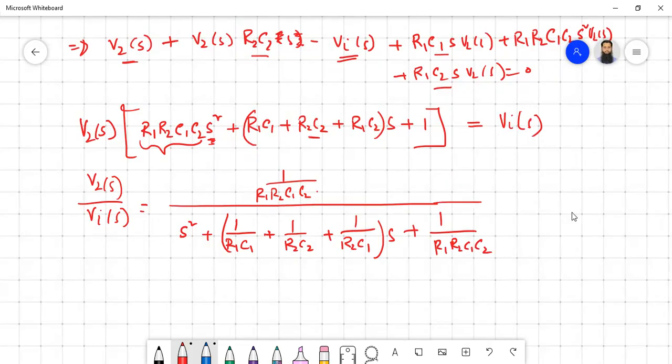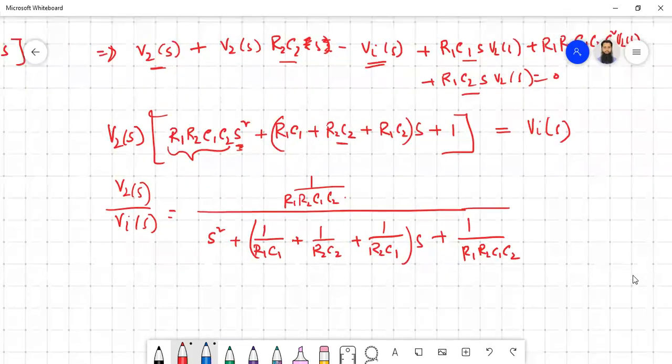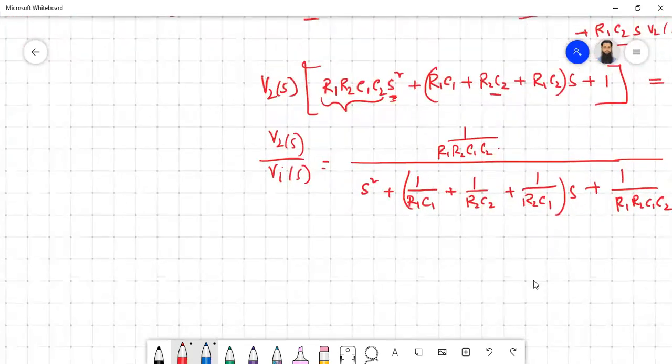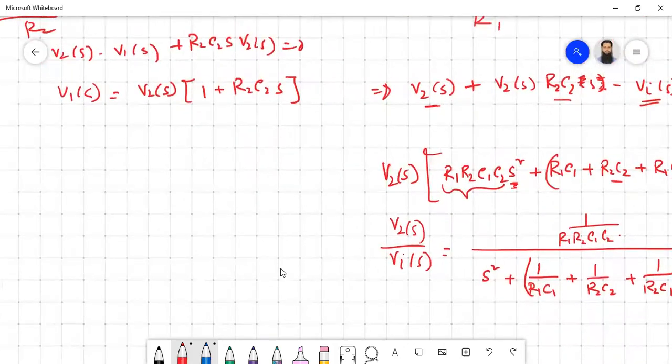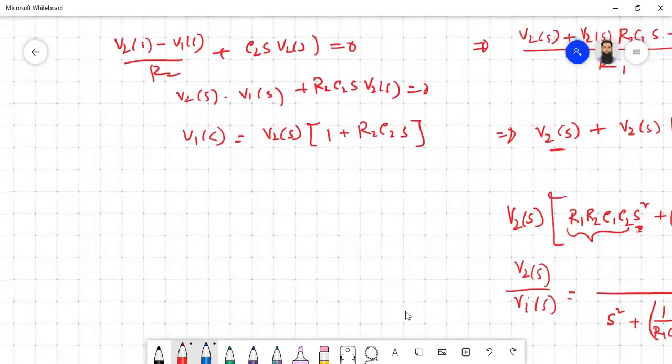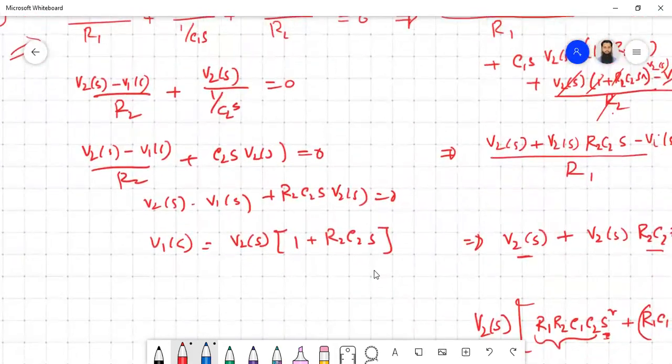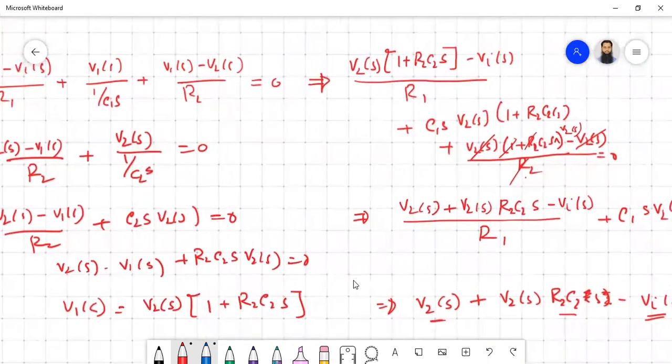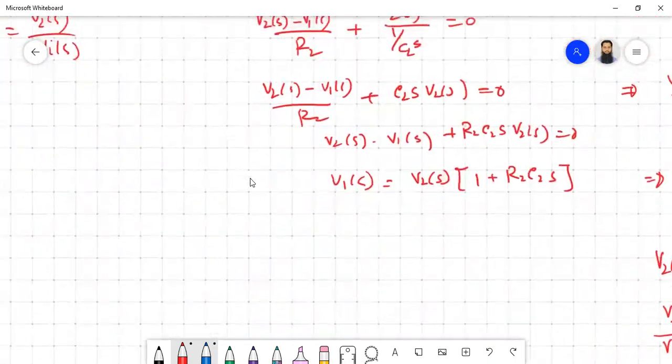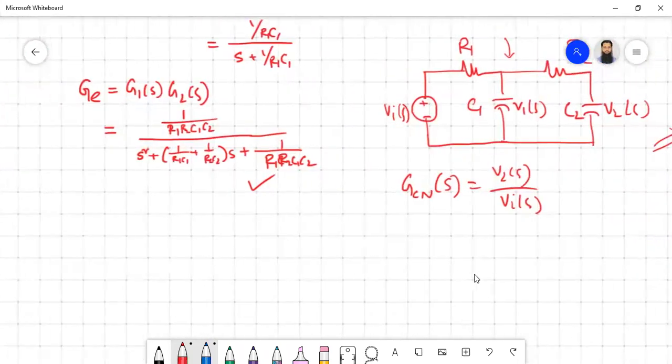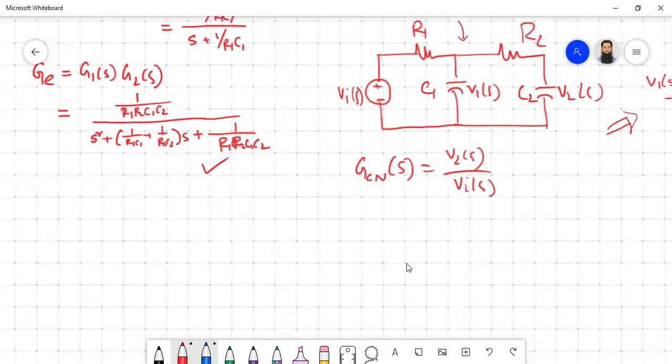Okay, so now if you try to compare this equation with the other equation that we have obtained previously by multiplication, this term and this term are okay. There are only two terms here, 1 by R1 C1, 1 by R2 C2.